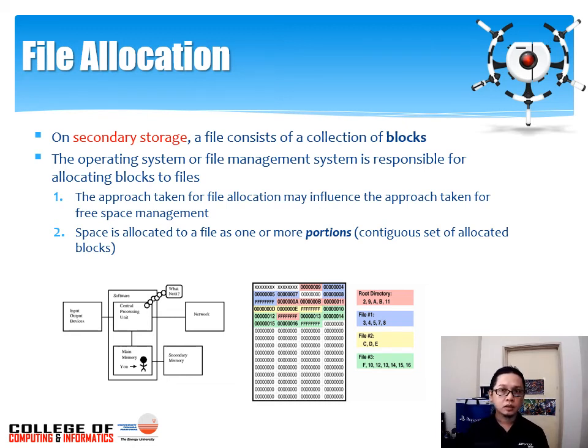And as always, ideally, files are scattered all over this allocation inside the hard disk, because the available space on the hard disk is in the same situation as in the main memory. You usually have these available blocks scattered randomly.